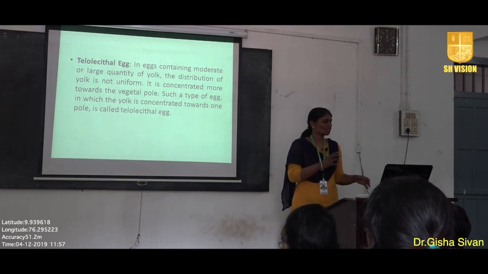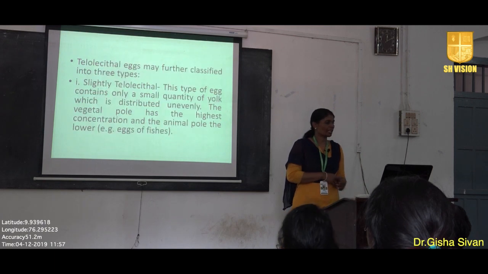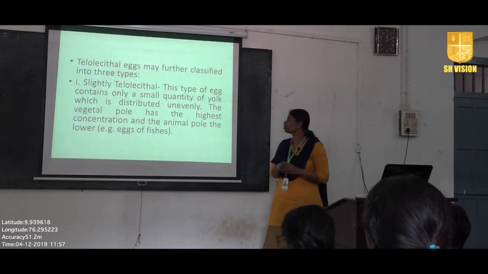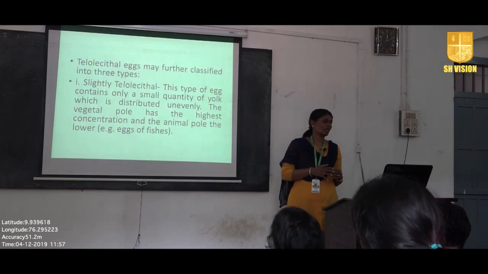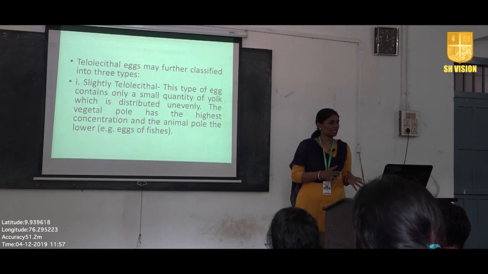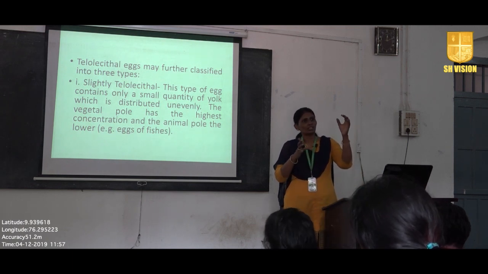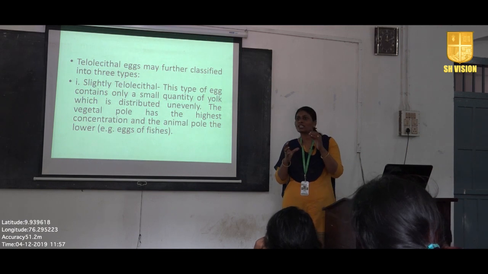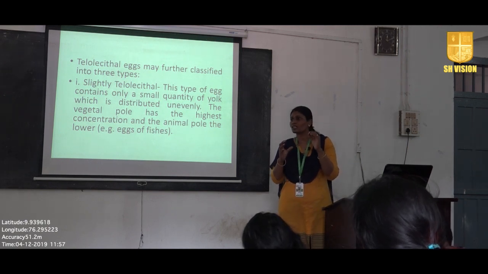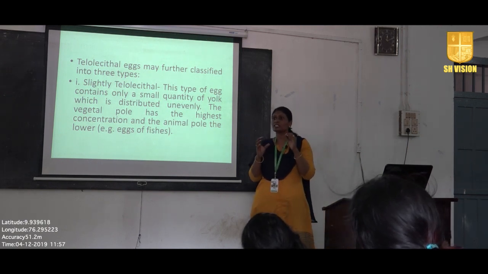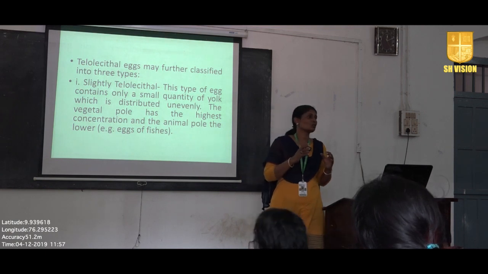And mostly everything comes in this telolecythal egg, where you could divide it into 3 types, and that is slightly telolecythal. Now it's not the tail actually. Here when we are saying telolecythal, it's just because the yolk is more concentrated towards the vegetal pole.